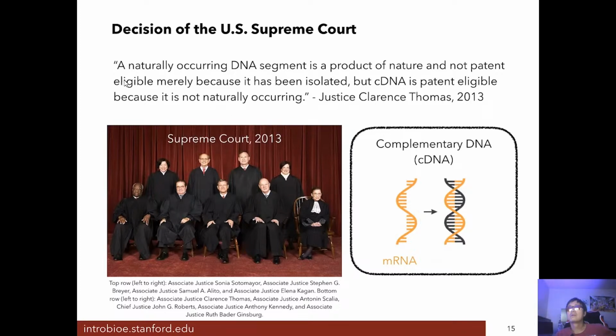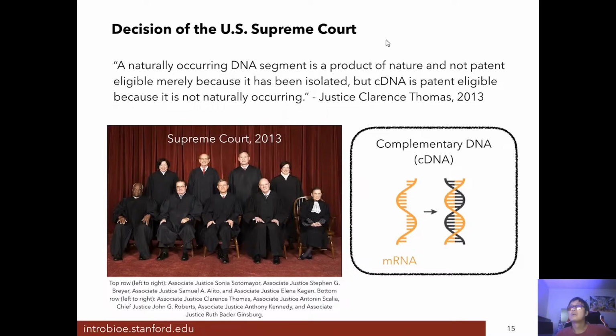He said, a naturally occurring DNA segment is a product of nature and not patent eligible merely because it has been isolated. However, cDNA is patentable because it is not naturally occurring. So they basically decide you cannot patent BRCA1 or its naturally occurring mutant versions. And so that opens other companies to be able to make BRCA1 genetic tests and do the same thing that Myriad Genetics has been doing.